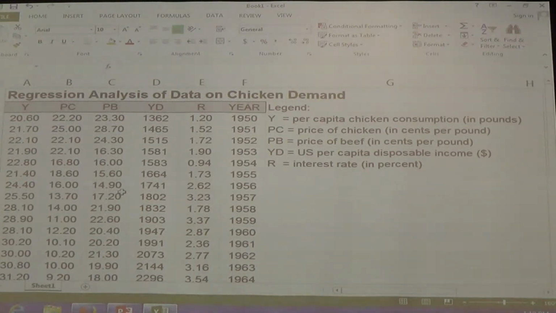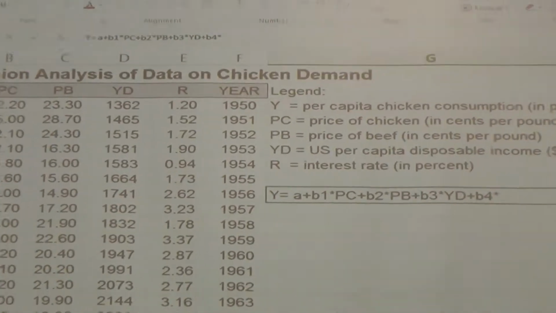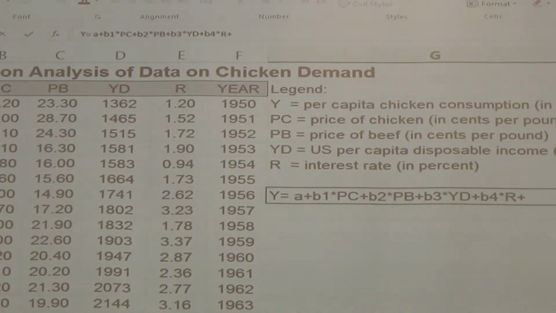And we want to estimate this equation. Y is equal to A, where A is the unknown constant, plus B1 multiplied by price of chicken, plus B2 multiplied by price of beef, PB, plus B3 multiplied by disposable income, plus B4 multiplied by real interest rate, plus the error term.